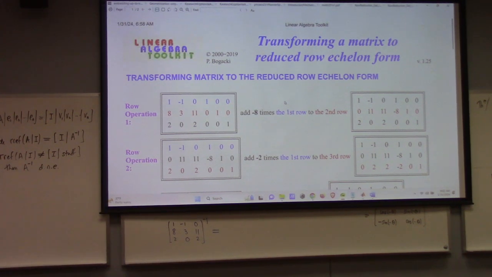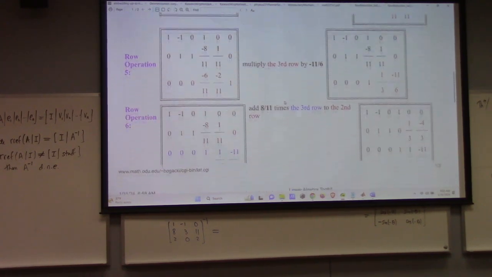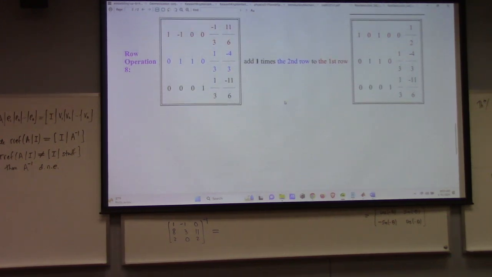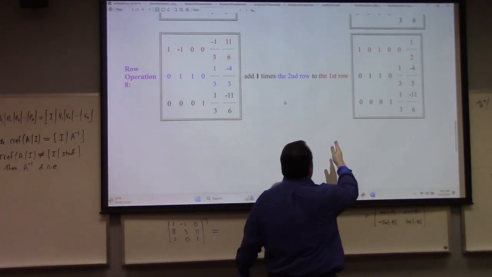So what's the inverse of that matrix? Well, you row reduce this super augmented matrix. A few steps later, the row reduction gets to this.